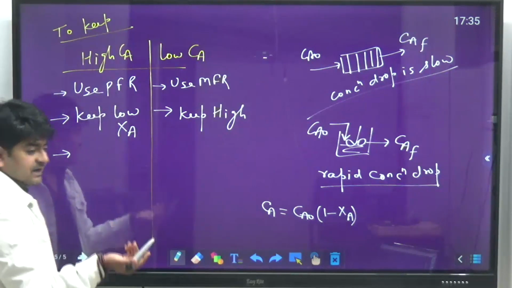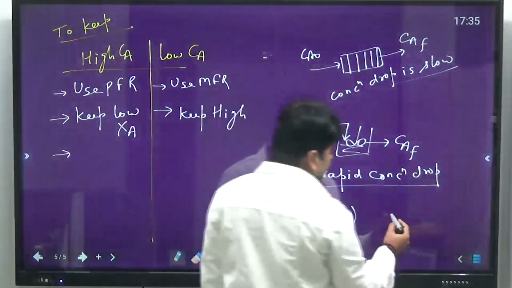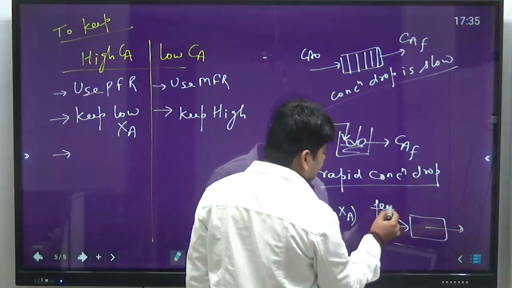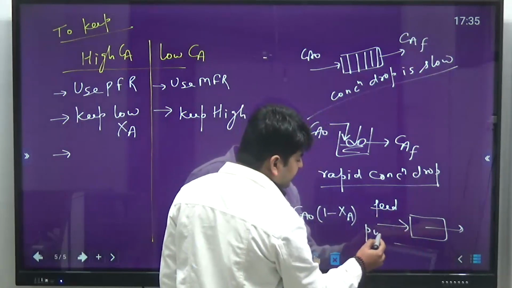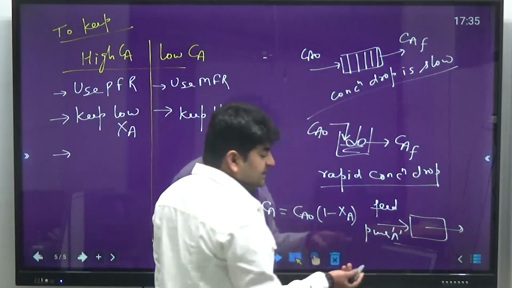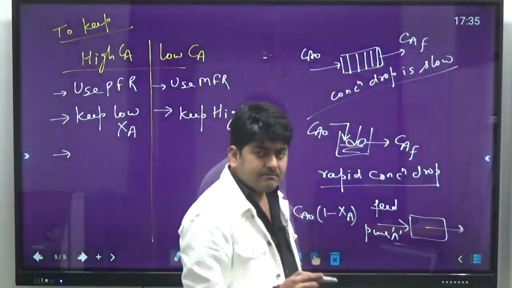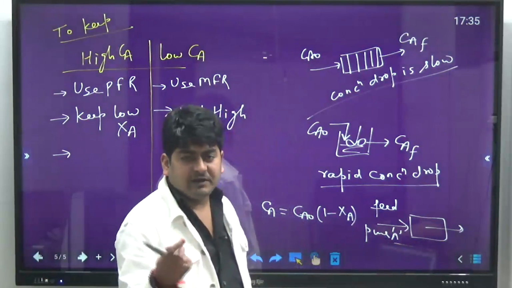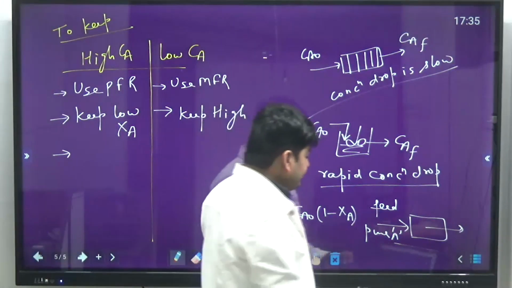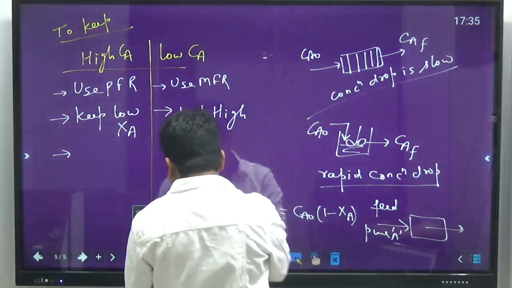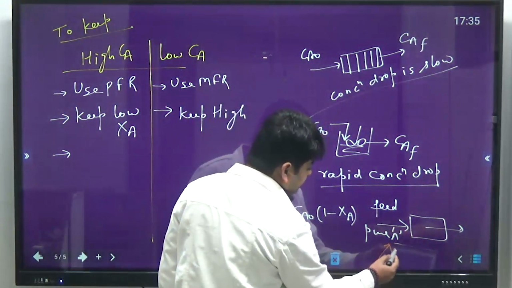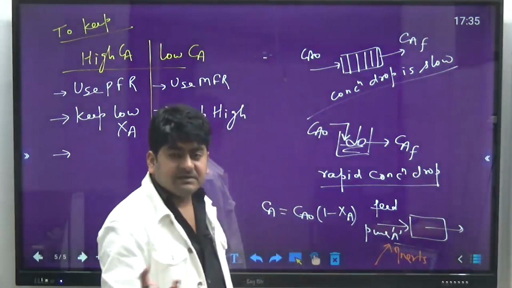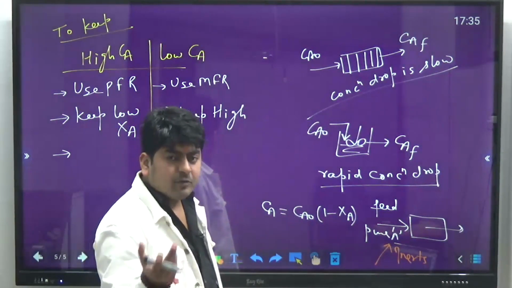Third, if you want to keep high Ca, so you know that for any reactor, suppose this is the feed, just try to understand, if I am sending pure A, then the mole fraction of A will be 1. So throughout the reactor, the concentration of A, the composition of A, will be relatively high. But if I add inerts in this, then the mole fraction of A will be small, less than 1.